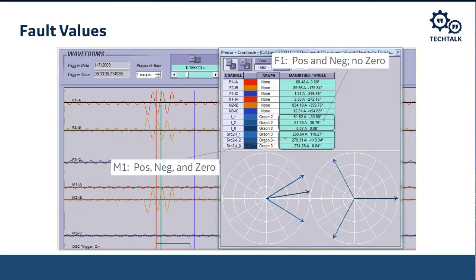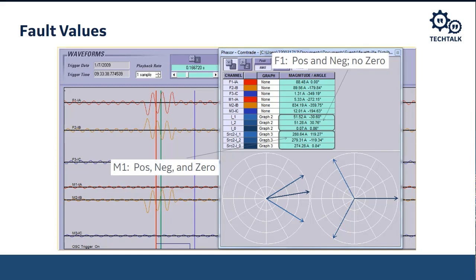I expect to see negative sequence quantities of equal magnitude, and I expect to see zero sequence quantities as zero on the transformer primary, because that delta to Y transformer should block those zero sequence quantities. And that's what I see. I see 51.5 amps on I1, 51.2 on I2, and 0 on I0 on the transformer primary.